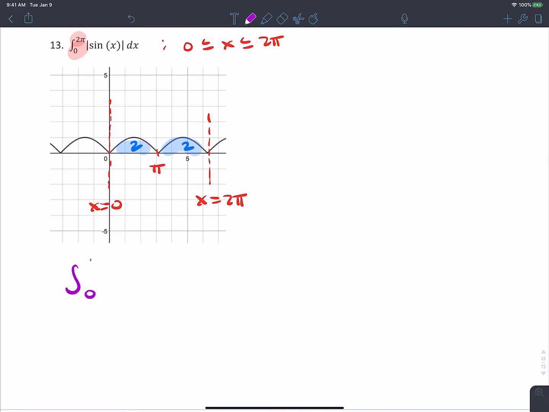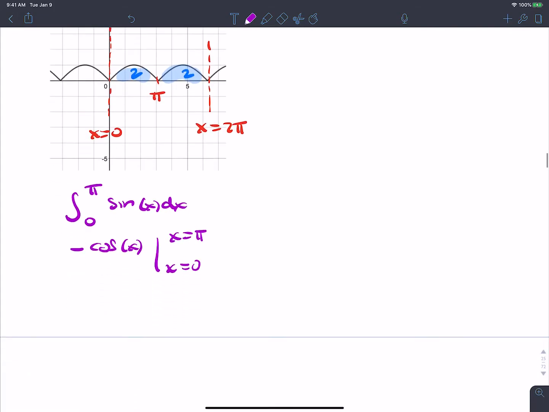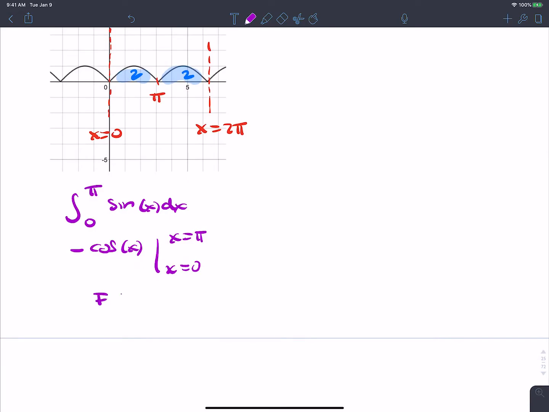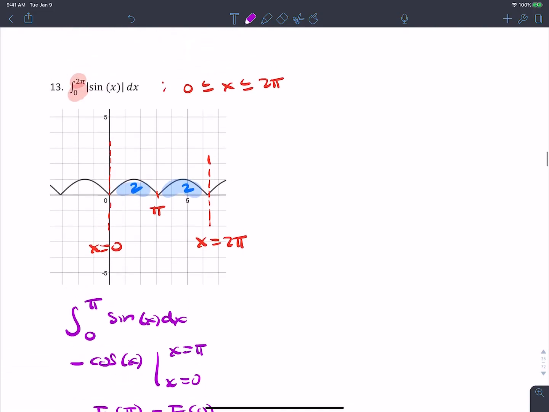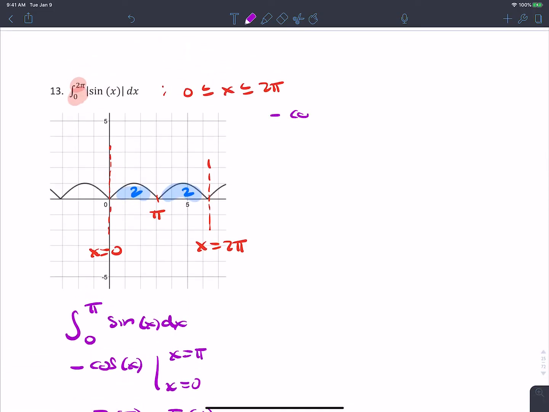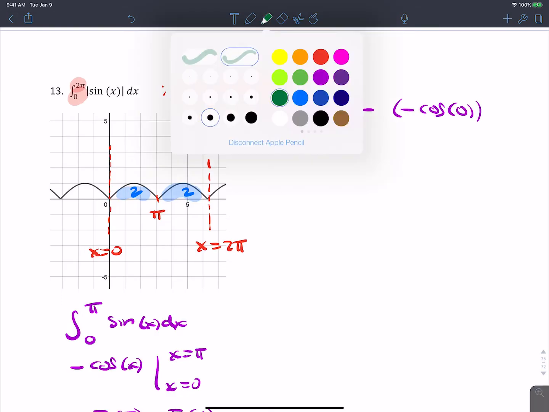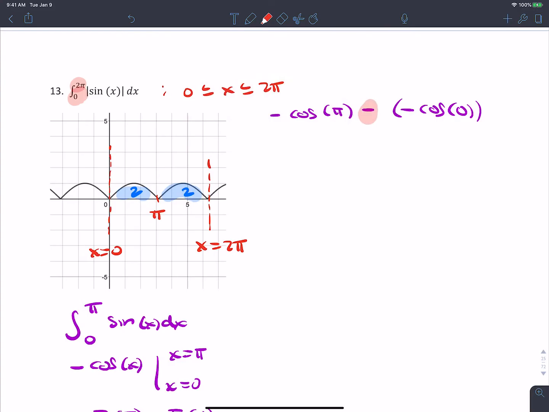So zero to, what do we say, pi? Sine, we know the antiderivative is minus cosine. X is 0, x is pi. F of pi minus f of 0. Minus cosine pi minus a minus cosine 0. Double check. The difference is there.